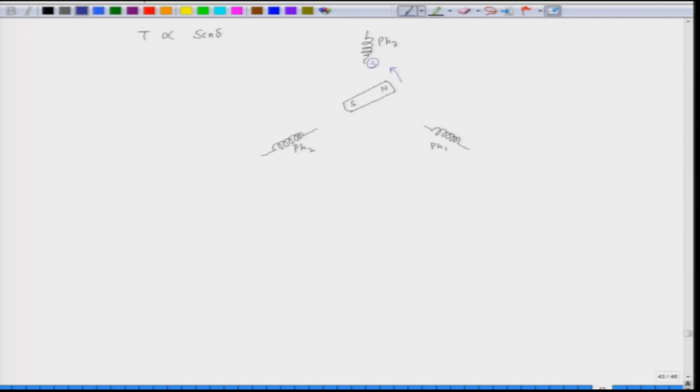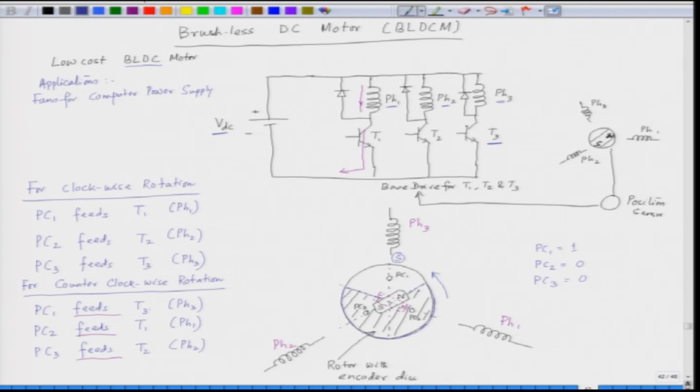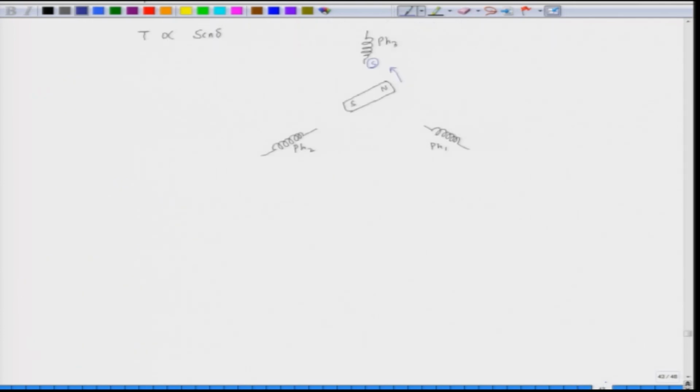Now, in this case, the angle between the two magnets changes between 120 to 0, because if you see this encoder, this angle is 120 degree. So, the encoder photocoupler gets a high signal for 120 degree. So, the variation of delta in this case happens between 0 to 120.